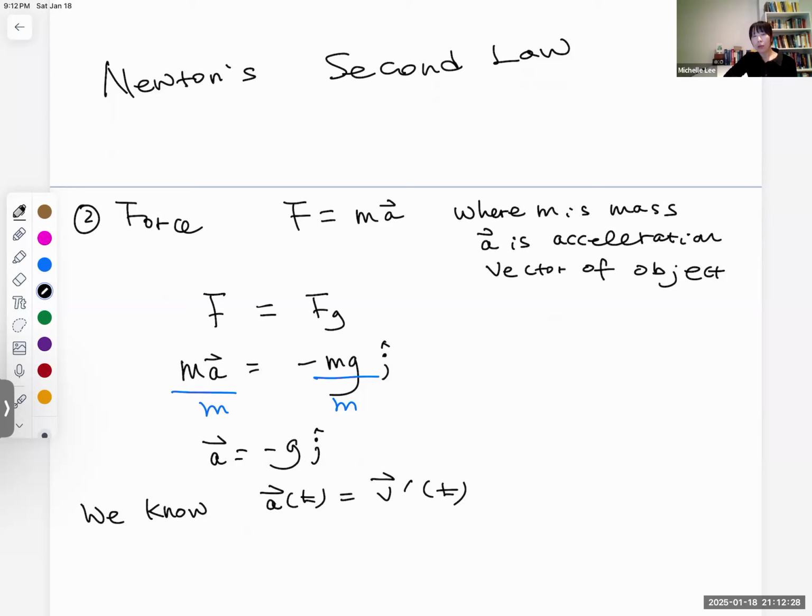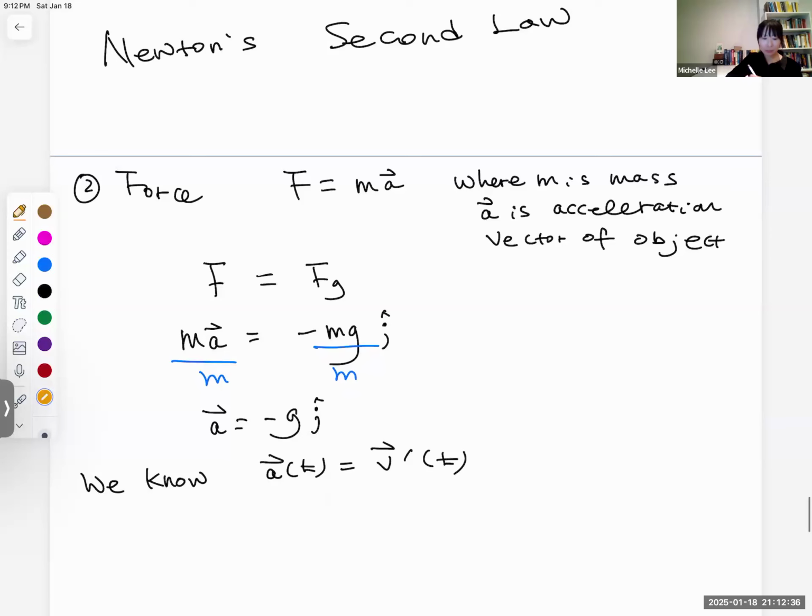Okay. Now we want to know about the velocity. How? We take the integral of the derivative of velocity. Then we get the velocity vector, right?